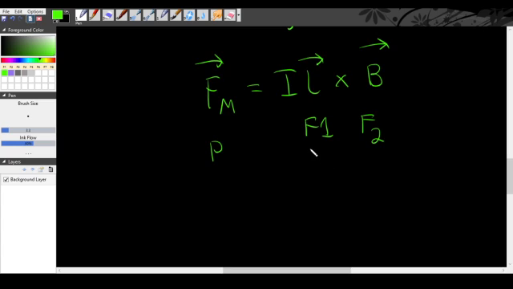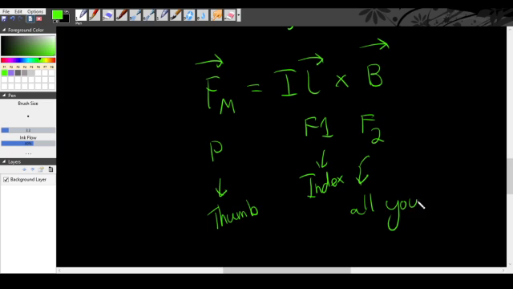And yeah, so F1 would just be your index finger, and P, or the product, would just be your thumb, and F2 would just be all your other fingers, or your middle finger if you're more flexible, and they would all be pointing perpendicular to each other.